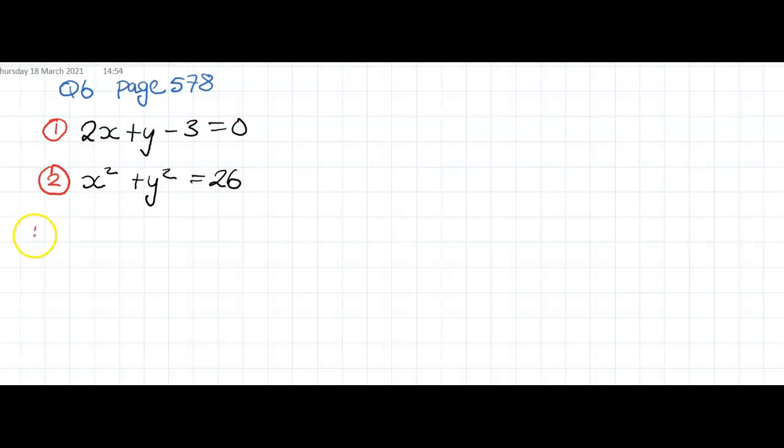And what we're going to do is get either x or y on its own. For this one we're going to get y on its own because there's no number in front of y, there's a number in front of x, so we'd end up having to divide across by 2. To avoid that, we're going to use equation 1 to get y on its own.